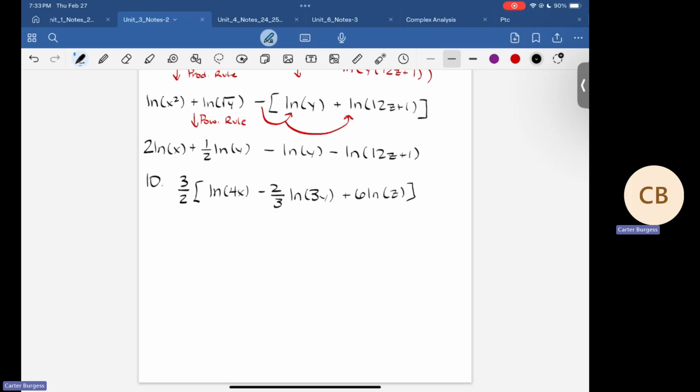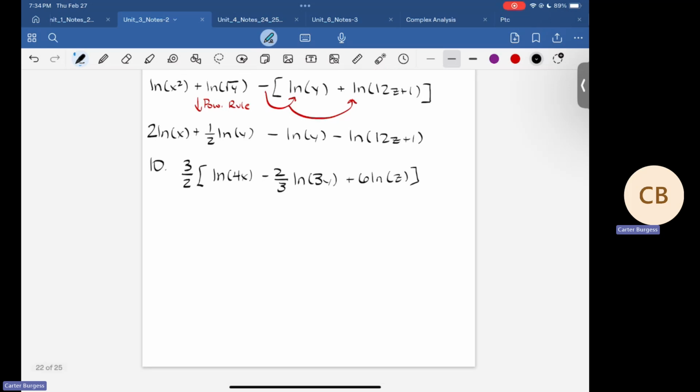Now for this, we have a couple of different approaches that we can take. We can choose either to distribute this 3/2 to every single one of these logarithms. That would be totally fine. Or we could save that till the very end and then do a power rule at the very end of this problem. Both of those are totally fine.